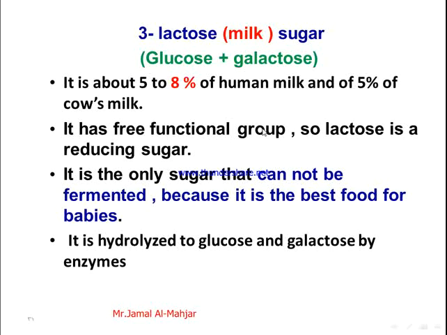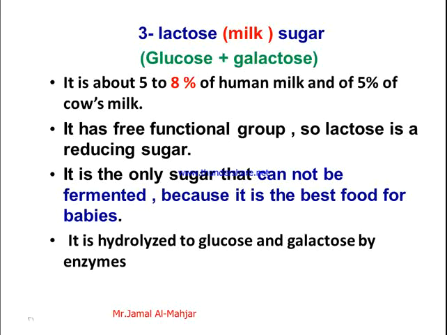It has a free functional group also, so lactose is a reducing sugar. It is the only sugar that cannot be fermented. All sugars can be changed to alcohol, except lactose. Why? Because it is the best food for the babies.